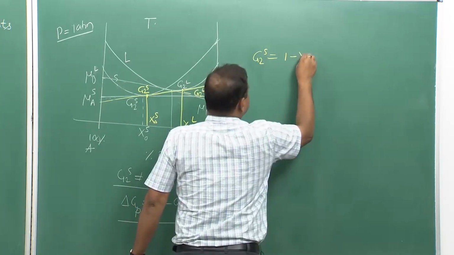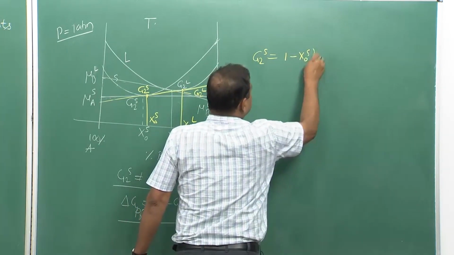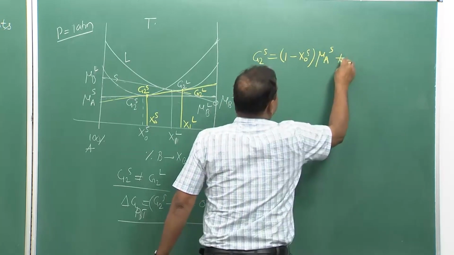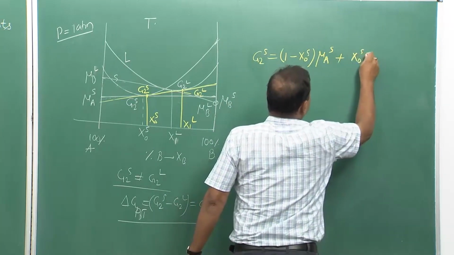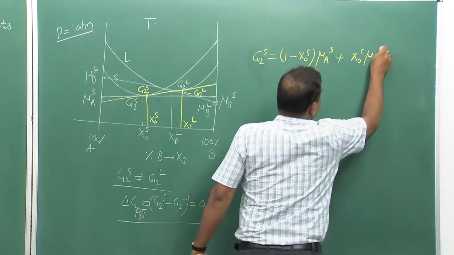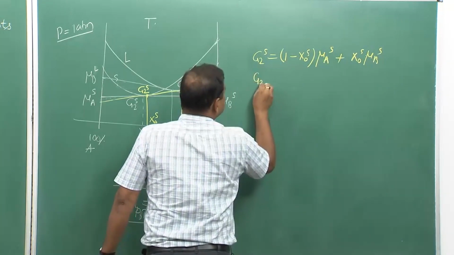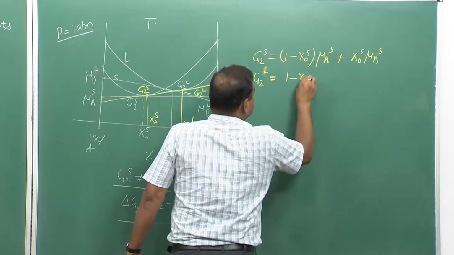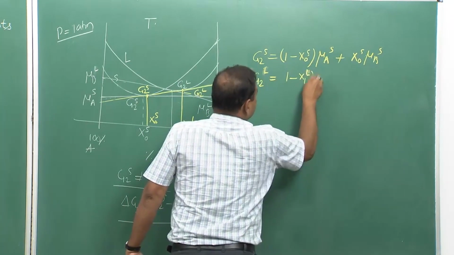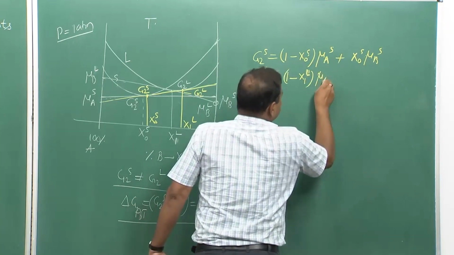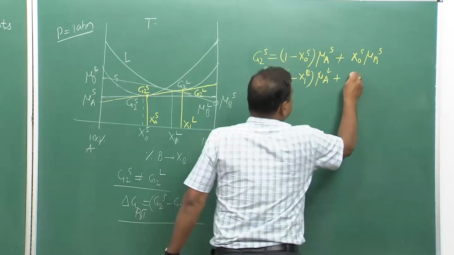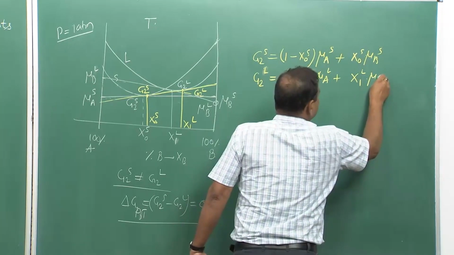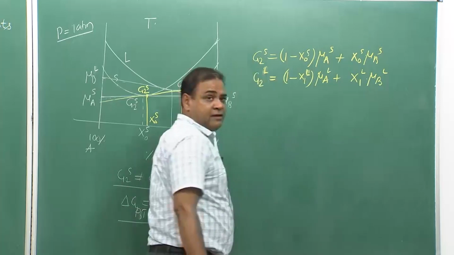So, 1 minus X0S mu A solid plus X0S mu B solid, and this is G2S. G2L equal to 1 minus X1 liquid mu A liquid plus X1 liquid mu B liquid.